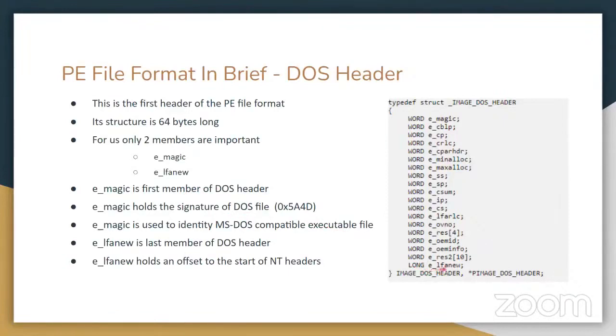Another member is e_lfanew, which holds the offset to the start of the NT header. So whenever we are parsing the PE header in our code, if we parse the DOS header and add the e_lfanew offset to it, we will reach the NT headers. That's why e_lfanew is important to us.